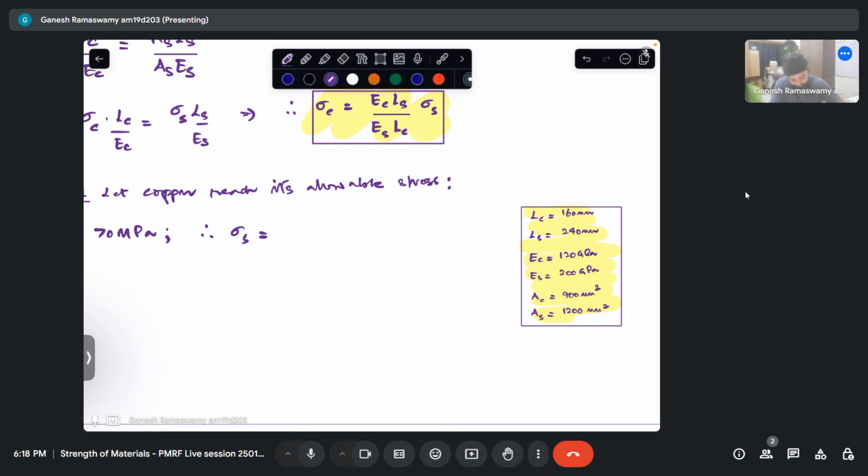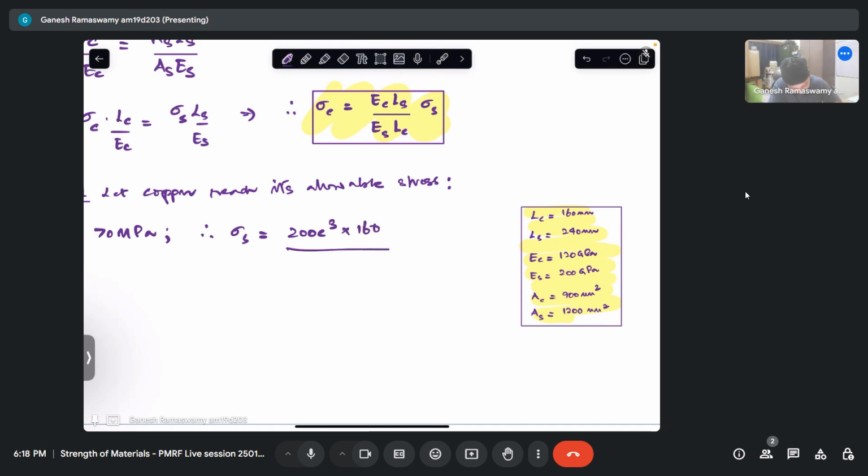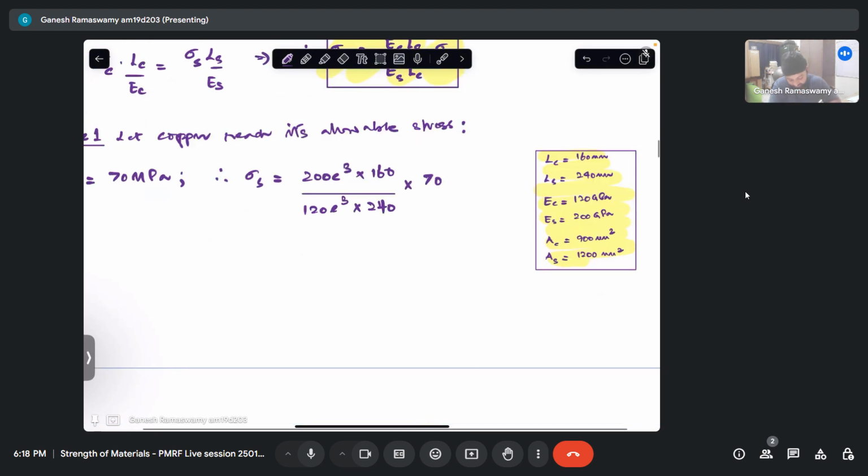So sigma S equals the reciprocal of this quantity, ES LC by EC LS, into the stress in copper, which is 70 MPa.